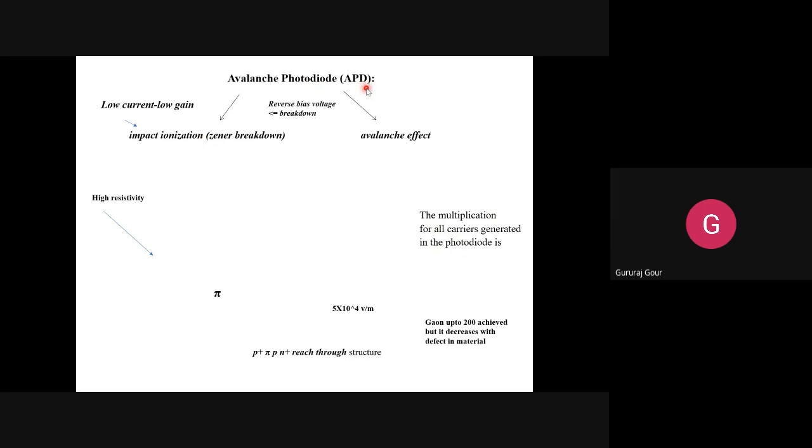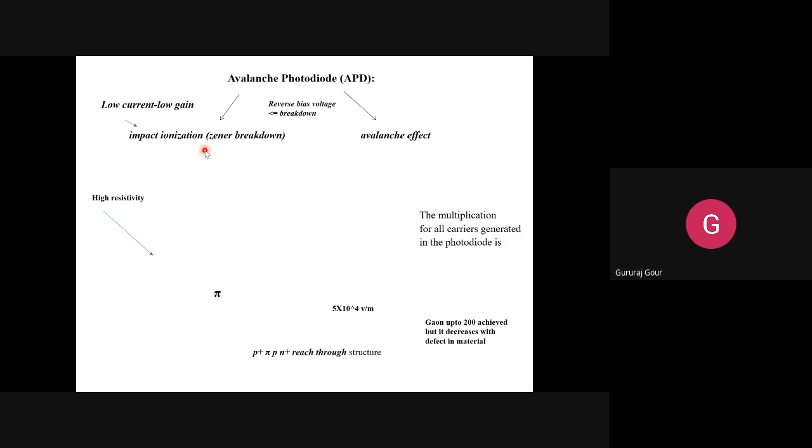There are two phenomena in the APD: impact ionization and the avalanche effect. Impact ionization is the phenomenon that we are going to call Zener breakdown. This phenomenon is concerned with increasing the velocity of the EH pairs generated in the I region.